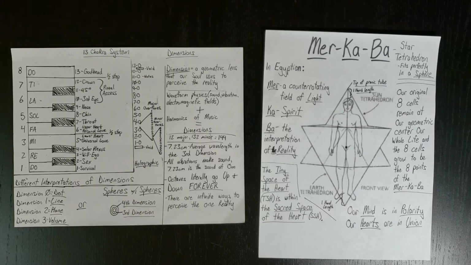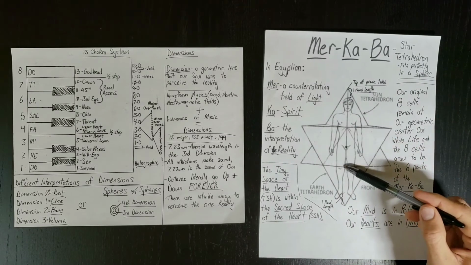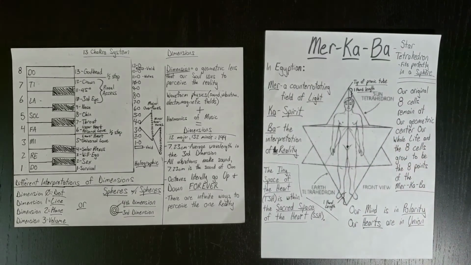In Egyptian, the word Mer-Ka-Ba means that spirit created a counter-rotating field of light to interpret the reality. So each of these 8 points, we see 6 on the outside, and there'd be 1 on the front here, and then one right here, but it's two-dimensional.